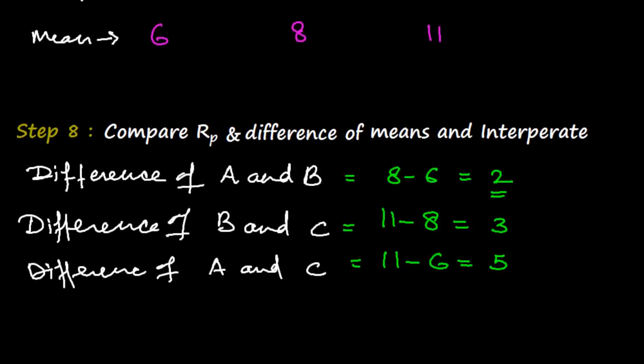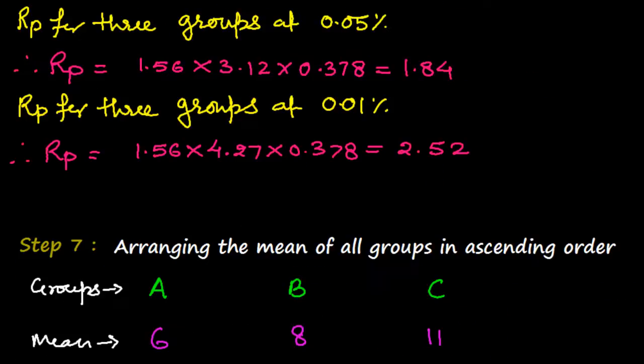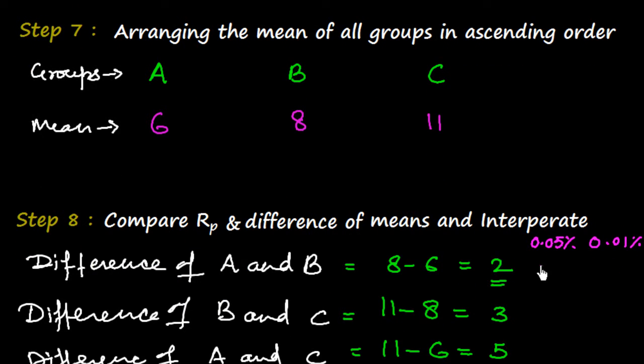We know that for two groups, here we compare with two groups at 1% and 5%. So I write down here 0.05 and 0.01. For two groups we have the values 1.75 and 2.40.